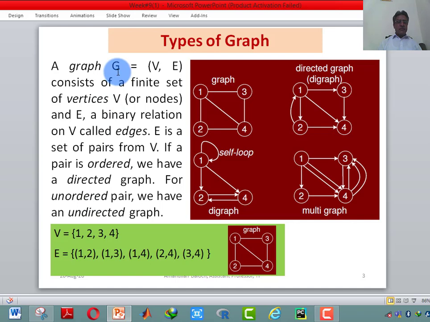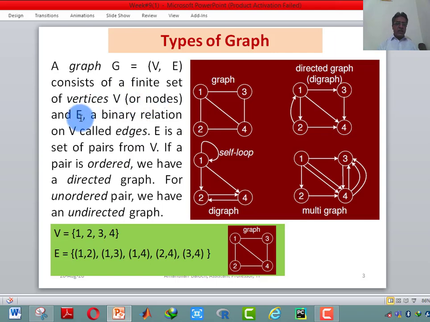So a graph is equal to V comma E, the set of vertices comma the set of edges, and consists of a finite set of vertices V. These are a finite set, 4, not infinite but finite.